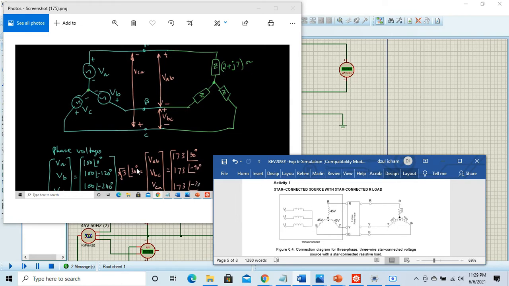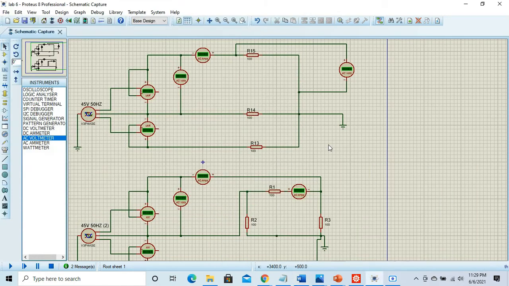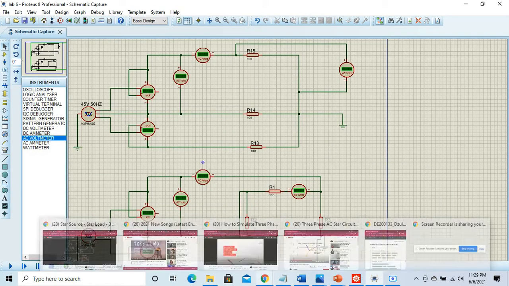That's the theory. So to find VAB, it must be bigger than the phase voltage, so maybe 45 and above, VRY with 45 and above. Okay, let's do it.